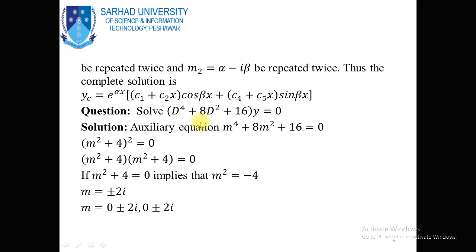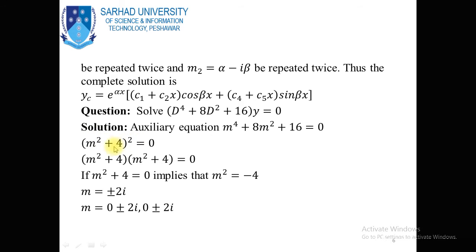Now you see over here this is an example: D power 4 plus 8D square plus 16 into y is equal to 0. The auxiliary equation for this fourth order linear homogeneous differential equation is m power 4 plus 8m square plus 16 is equal to 0, and this is actually equal to m square plus 4 whole square.